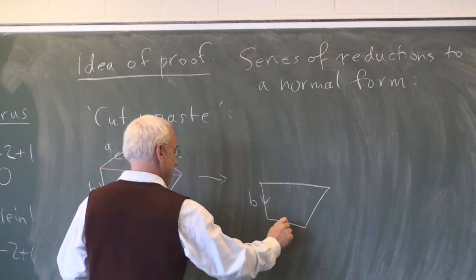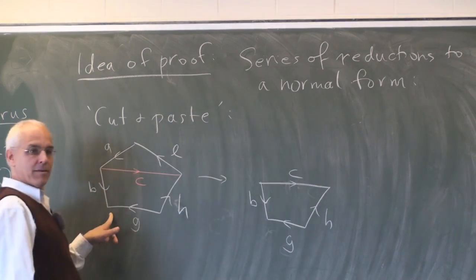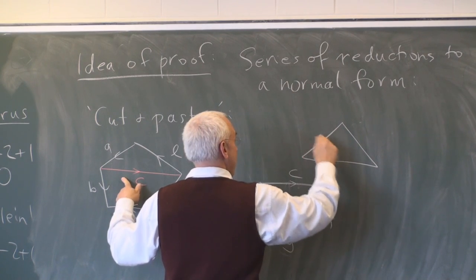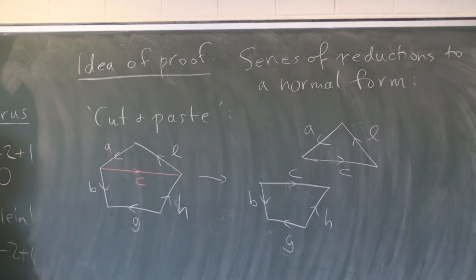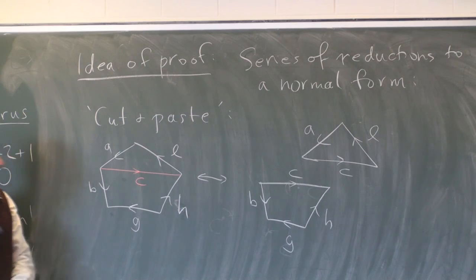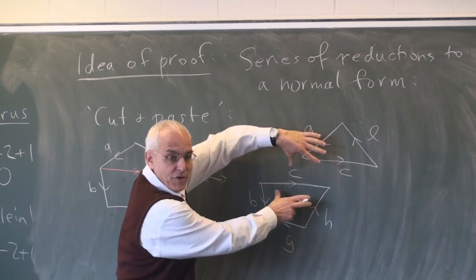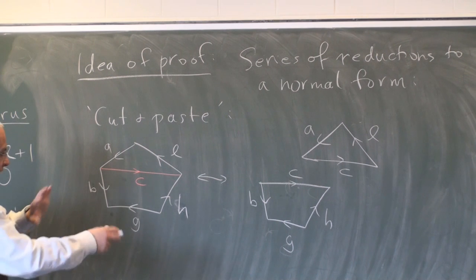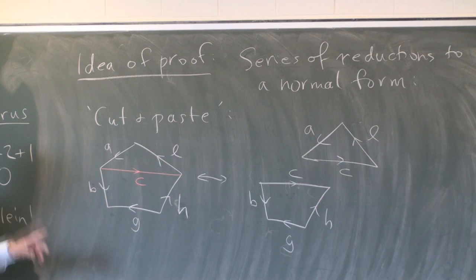So B, G, H, C, together with this other piece that we've cut off, A, L, C. And we're not just going to go in this direction, but of course also backwards. If we have two pieces like this with a common edge C, then we're going to allow ourselves to glue those two pieces to go from here to here. And we're going to do that in a judicious way to simplify the original thing and get it into one of these standard forms.